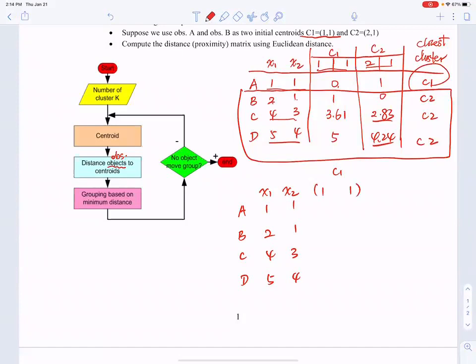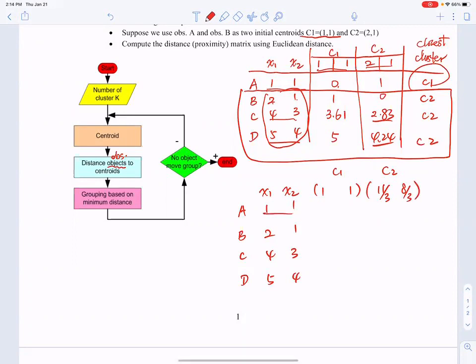For centroid 2, we need to average these three values. Add 2, 4, 5 together and divide by 3: 11 over 3. The other one will be 8 over 3. This is centroid 2.